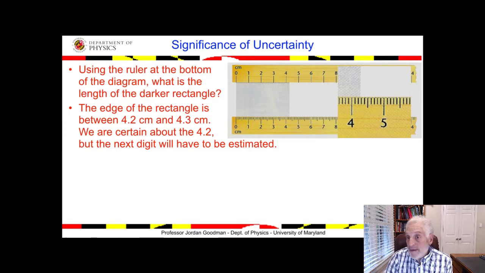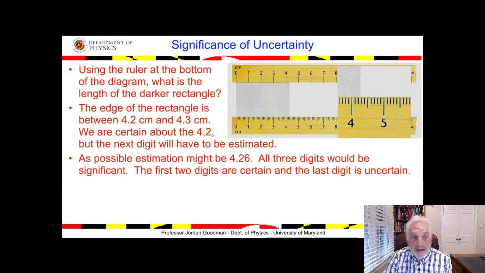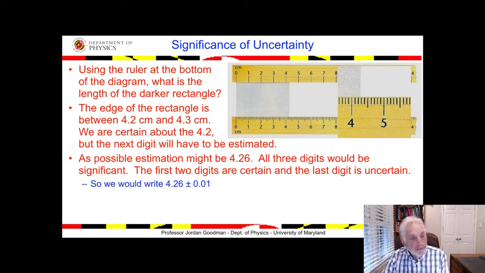And our next digit would have to be estimated. If we write that down, we could write it down as 4.26. Now, all 3 of these digits would be significant. The first two are certain and the last digit is uncertain. So we would write this down as 4.26 plus or minus 0.01, whereas all these digits are significant, but the last digit here is telling us our uncertainty.